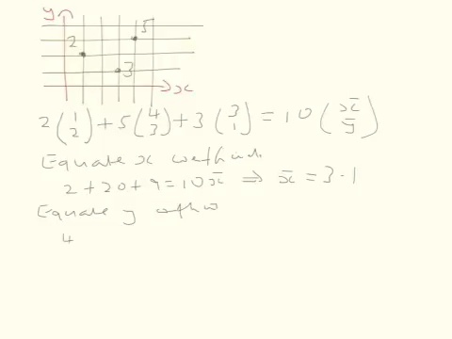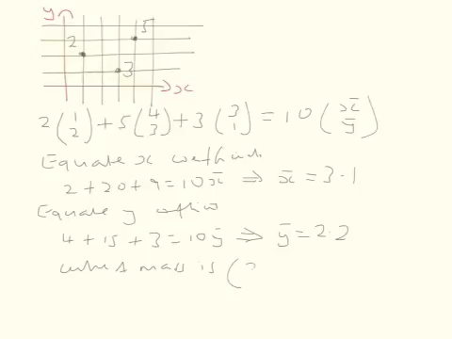And we get 2 times 2, 5 times 3, 3 times 1 is 10y bar. So 4 plus 15 plus 3, that's 22, so y bar is 2.2. So the centre of mass is at 3.1, 2.2. Does that make sense?